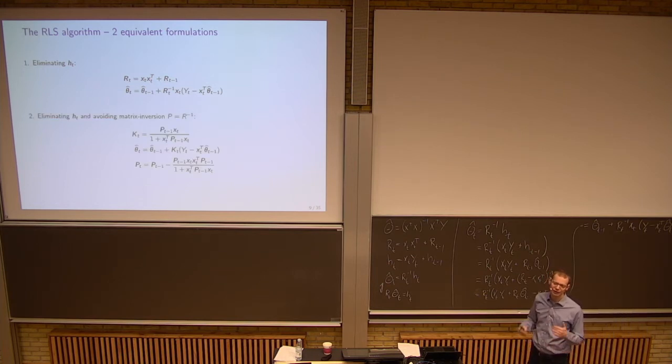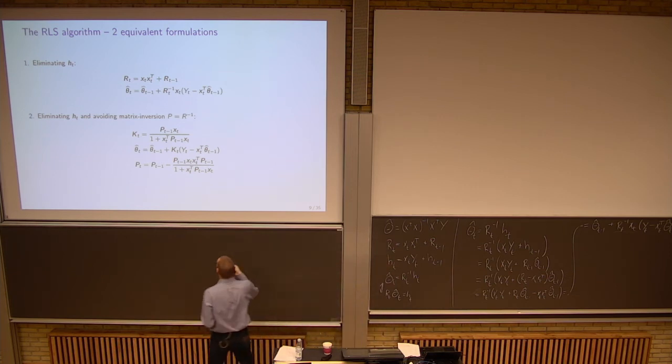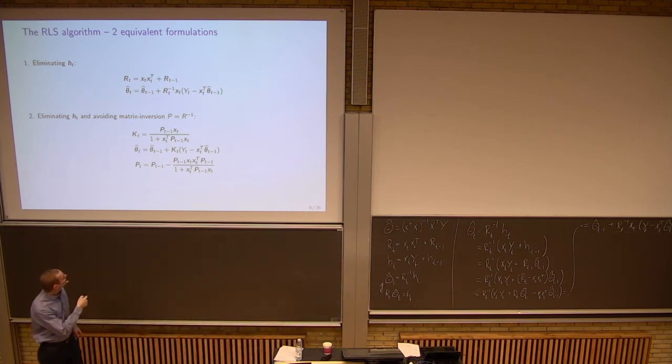If you have things that are numerically unstable, that means R becomes close to singular, then you can rewrite it, defining a Kalman gain in this way and having something that represents the inverse of the R matrix, P here. And when you just look at it, why use something with that many terms when you have something that's simpler at top? That's at least the first thing I thought of when I saw this.